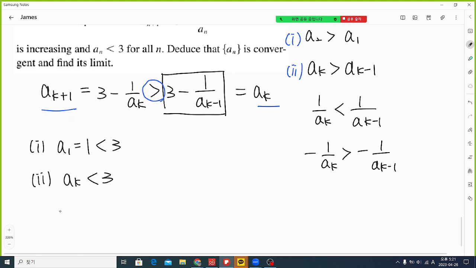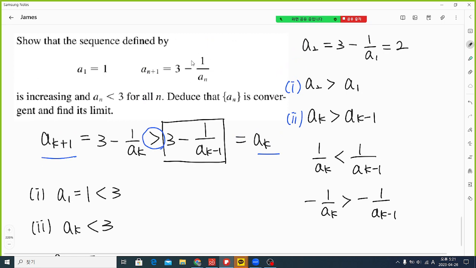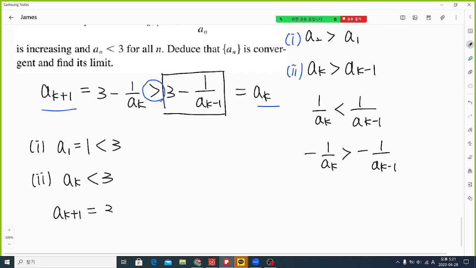And then if we look at the k plus 1 term, if we use this formula, from this, if we make the reciprocal, the direction changes, but by putting a negative sign, once again the direction goes back to the original direction of inequality.